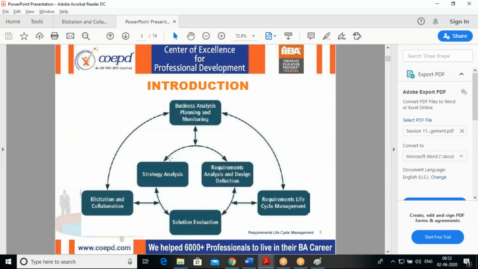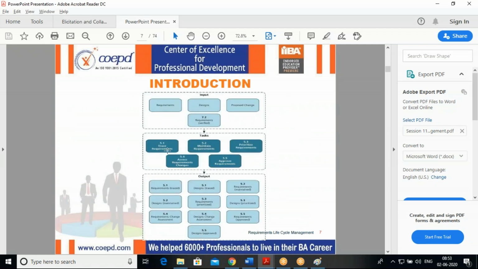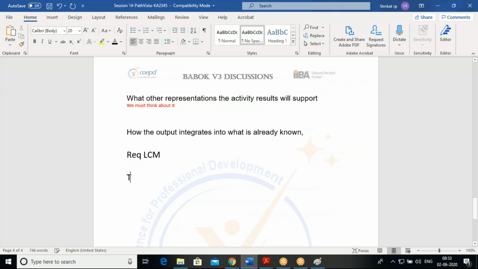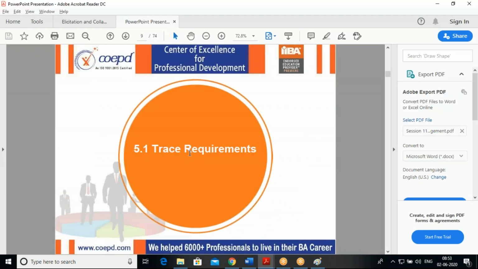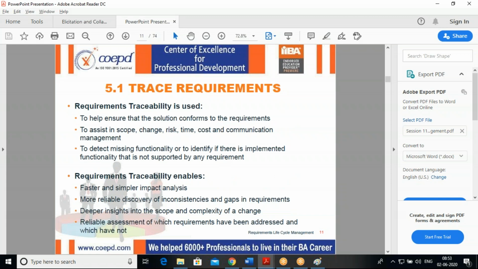In requirements lifecycle management, we have these tasks. One is trace requirements. Here we are trying to understand trace requirements: what are the inputs and what are the outputs.